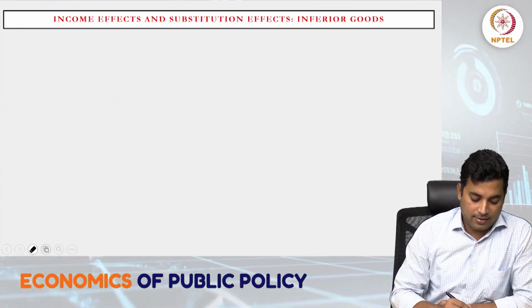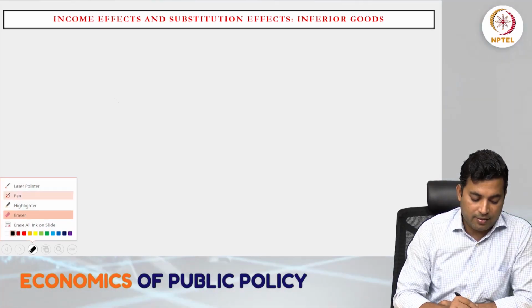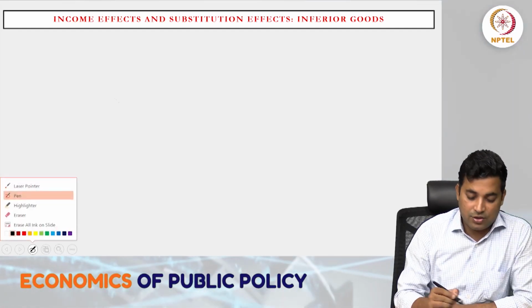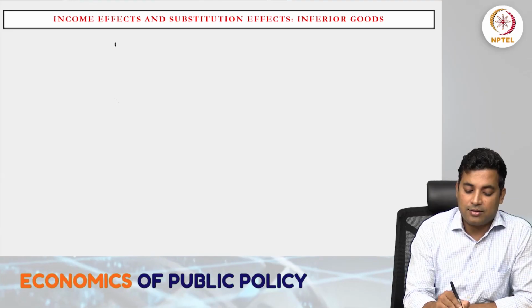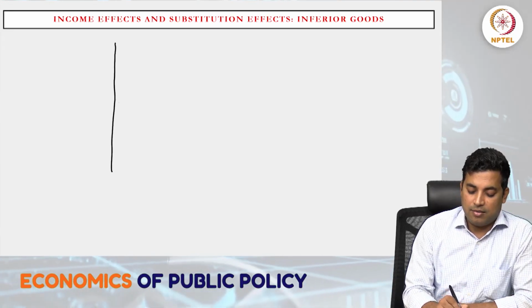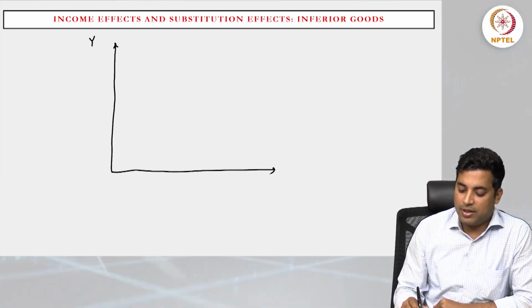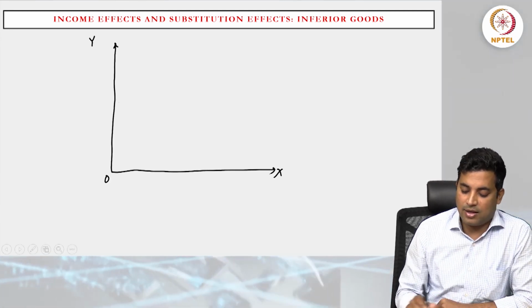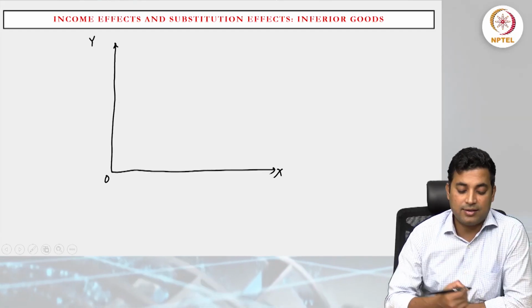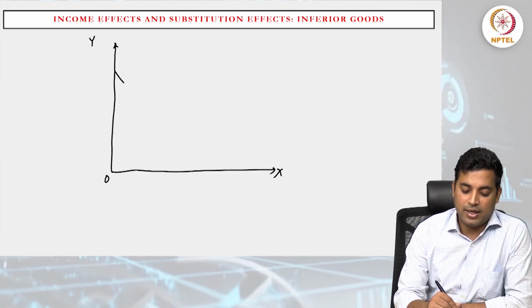So let's again take the graphical representations, and this illustration will give us better understanding. Say again two commodities, y and x, with x along the horizontal axis and y along the vertical axis.